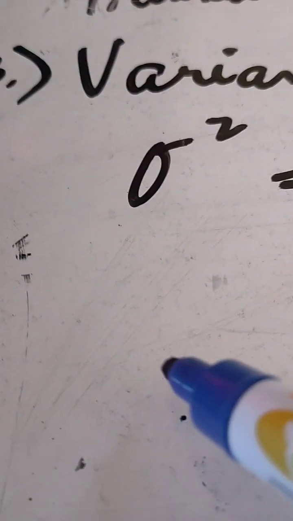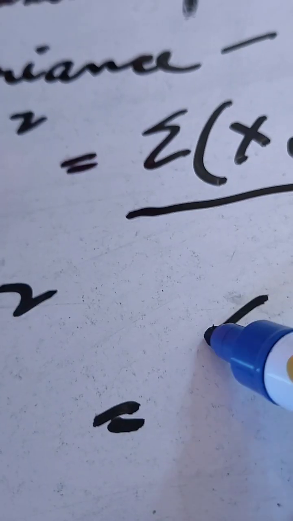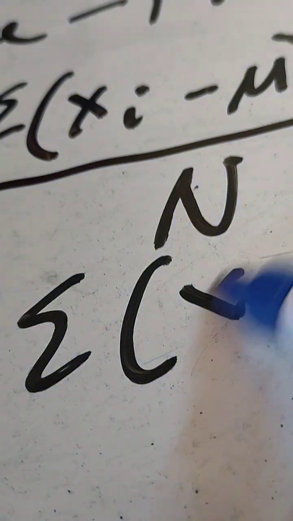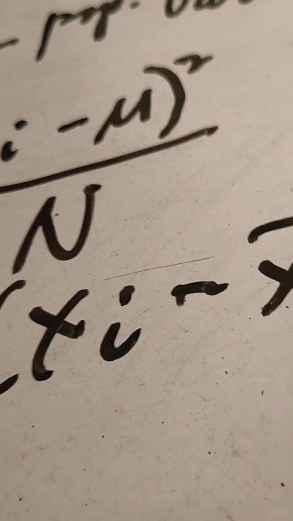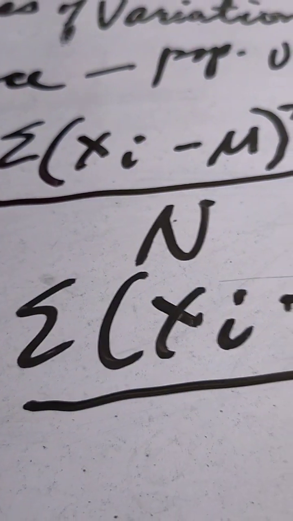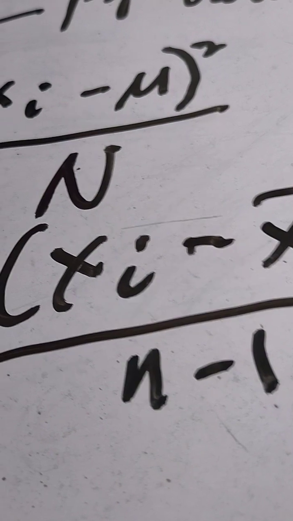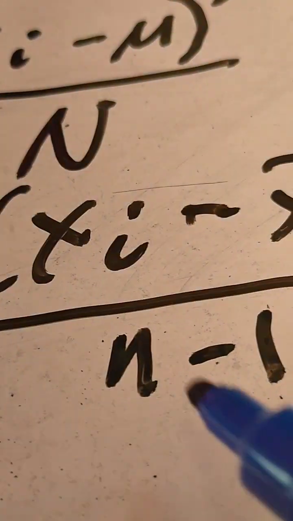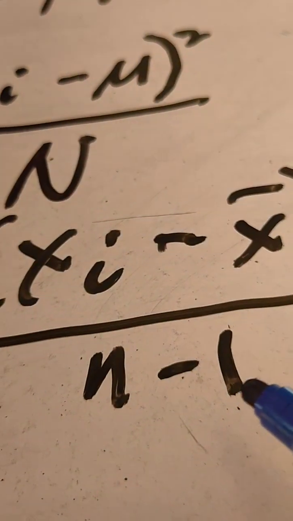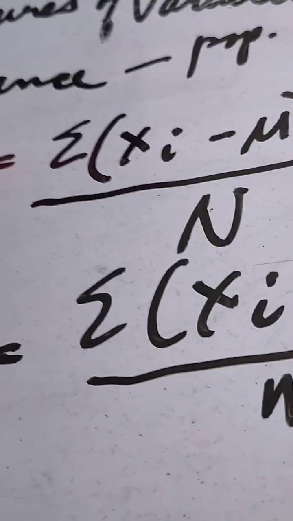But for the sample variance, that is s squared, the summation of x sub i minus x bar, the mean of the sample, quantity squared, all over n minus 1. Okay, so we reduce the bias when we have n minus 1, which is decreasing the margin of error here.